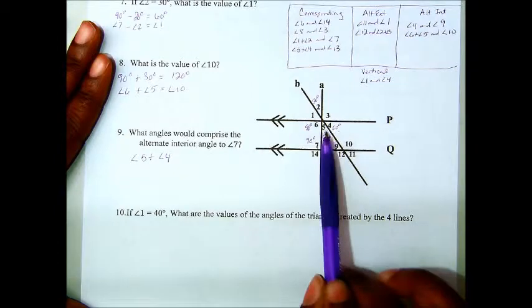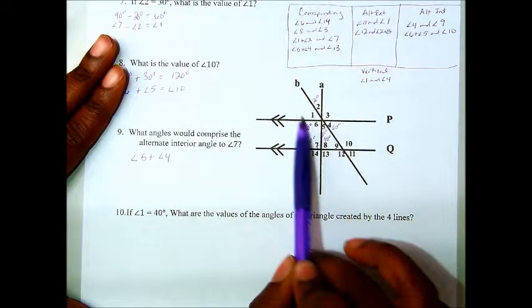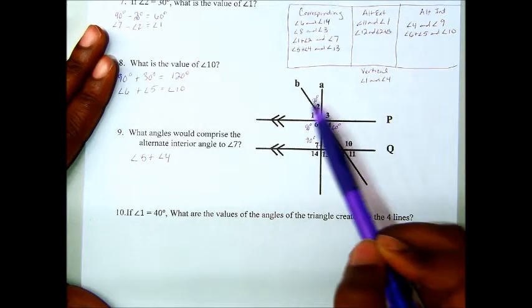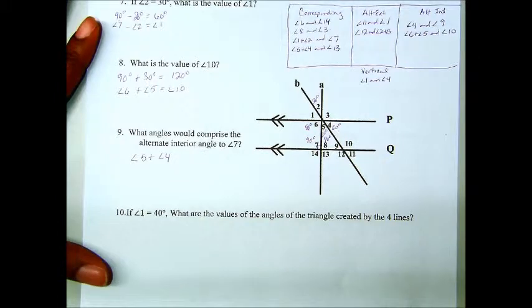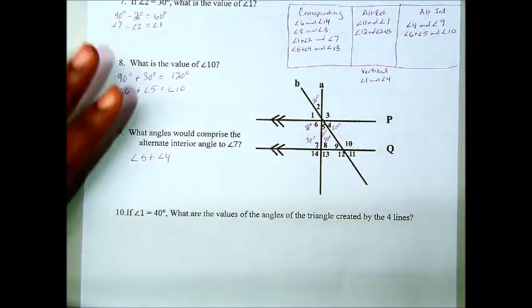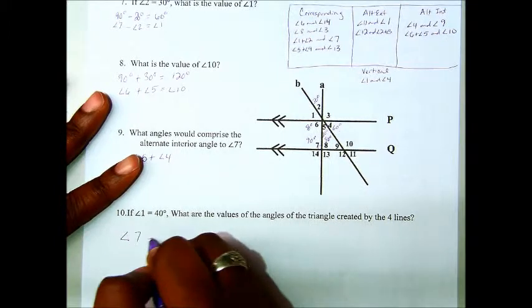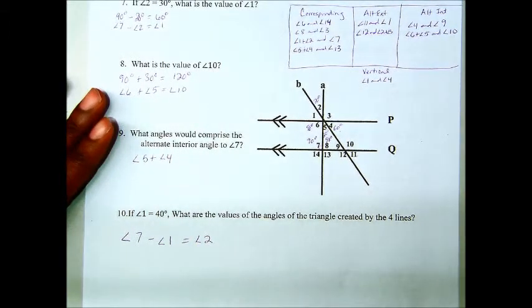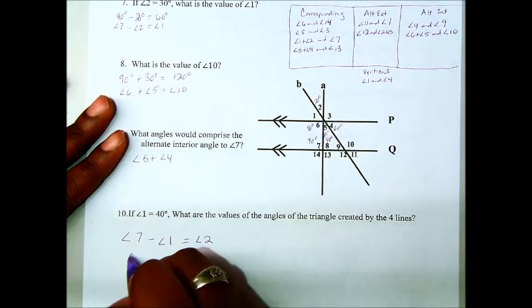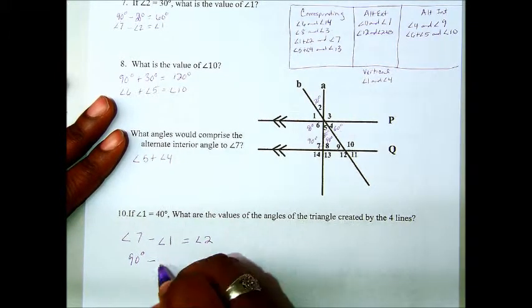So now I need to know these. If I know angle 1, I know angle 4. Also, if I know angle 1, I can figure out angle 2. So let's do this. I know angle 7 minus angle 1 will give me angle 2. That's 90 minus 40.